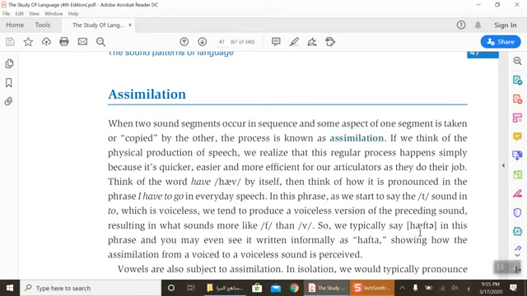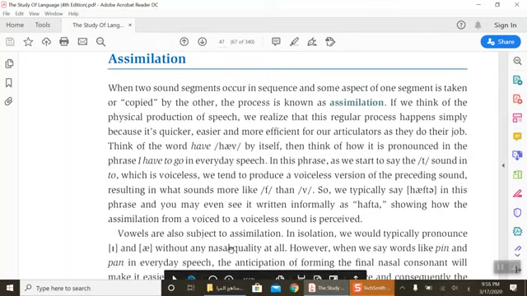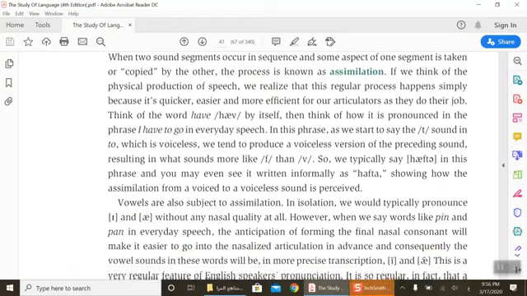We have to sleep. We have to eat. You see here? And you may even see it written informally. Sometimes in informal speech they write it as hafta, showing how assimilation from a voiced to a voiceless sound is perceived.